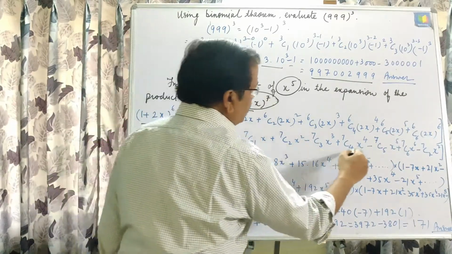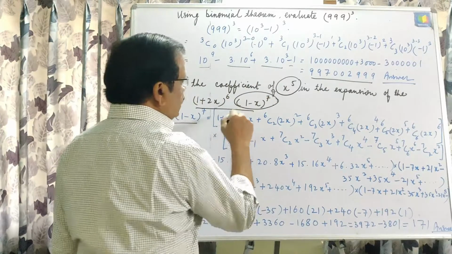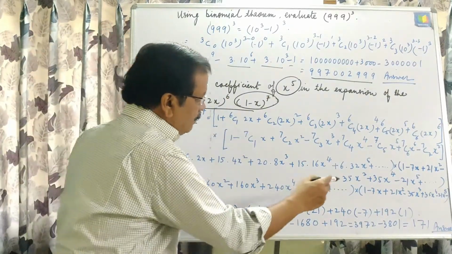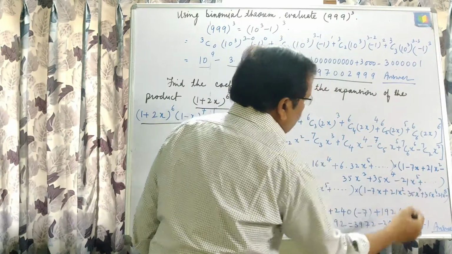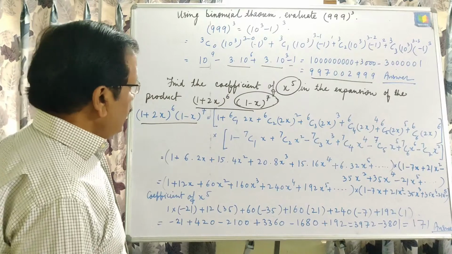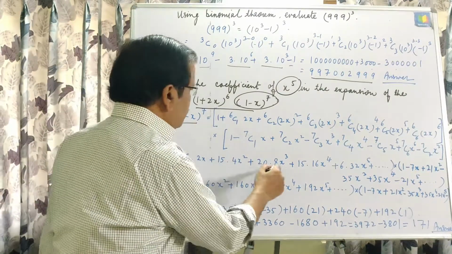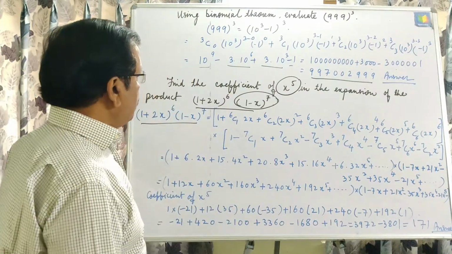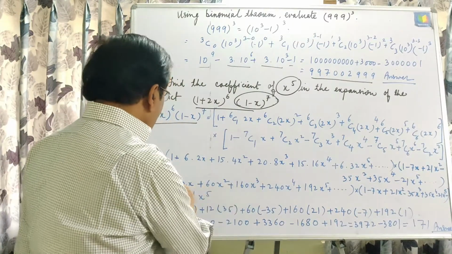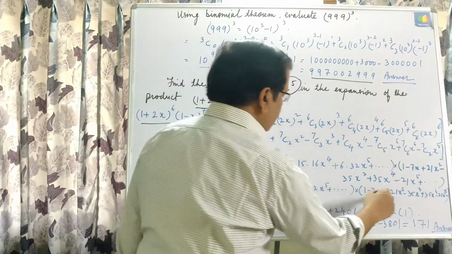In this expansion, because ultimately we have to multiply, after this the rest of the terms can be excluded, because after multiplication this should be x to the power 5. This way we are getting, this is the first and this is the second.